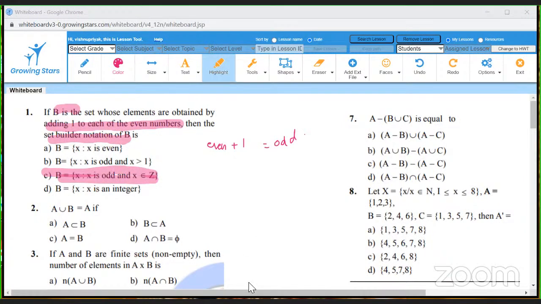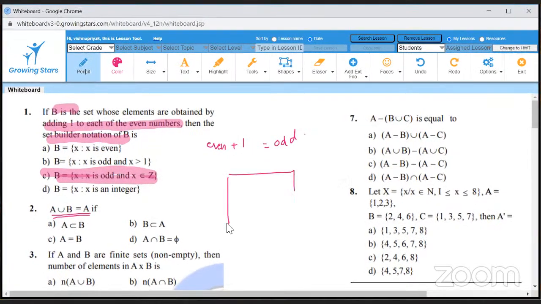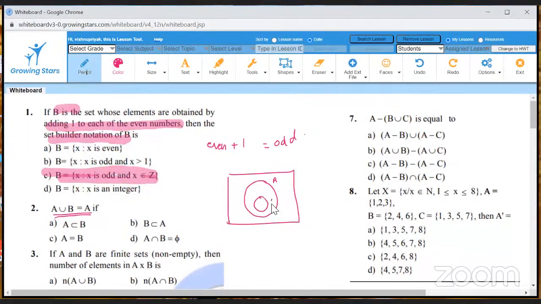No one got the second one? Lohit got B as the answer. Kumar also B. Okay, correct. B is correct. Why? Rakshita also got B. A union B is equal to A. A is here, B is inside.